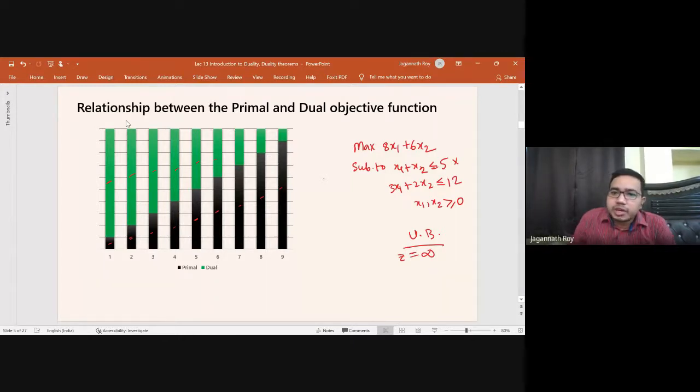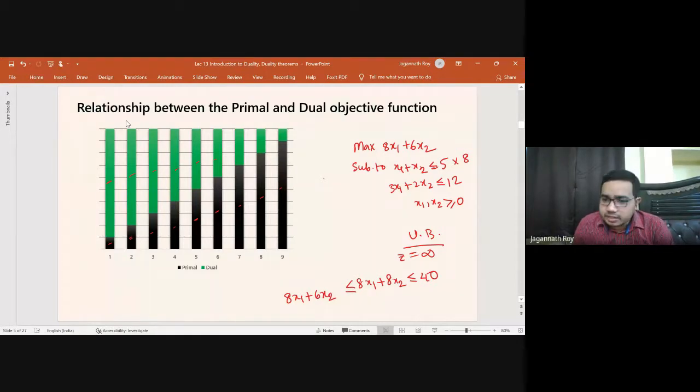Then if you multiply the first constraint by 8, you get 8x1 plus 8x2 less than or equal to 40, which is greater than or equal to 8x1 plus 6x2.